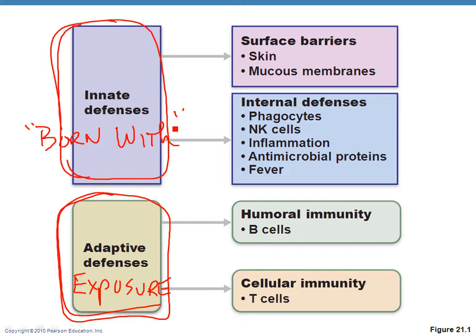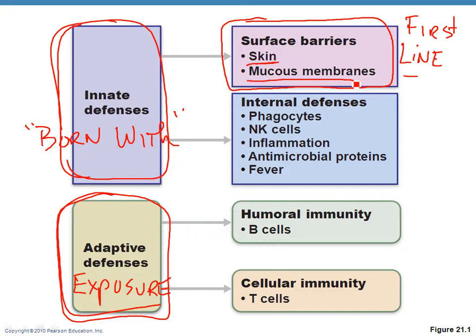Again, not going to go into a lot of gory details here. Your first line of defense to invading microorganisms is your skin and the mucous membranes. And you've learned about that before. The skin, the epidermis, has very tightly packed epithelial cells located there.